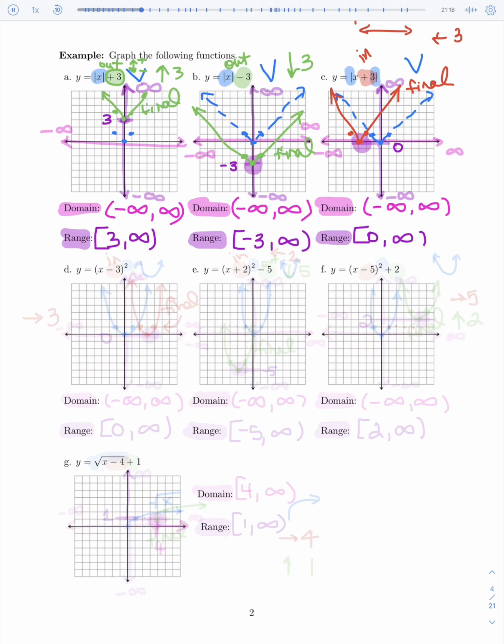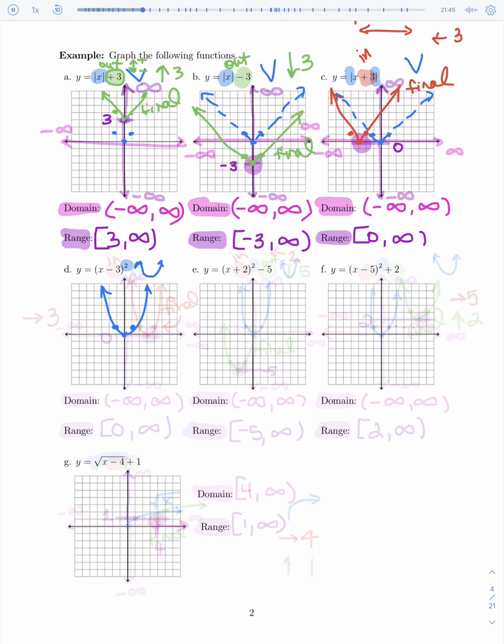Continuing along in the next one, in D, we have a squared graph. Remember, a squared graph is that parabola shape, that U shape. Normally, that x squared graph, the parabola shape, goes through 0, 0, 1, 1, -1, 1, just like the V shape, except it's a U shape or parabola shape.